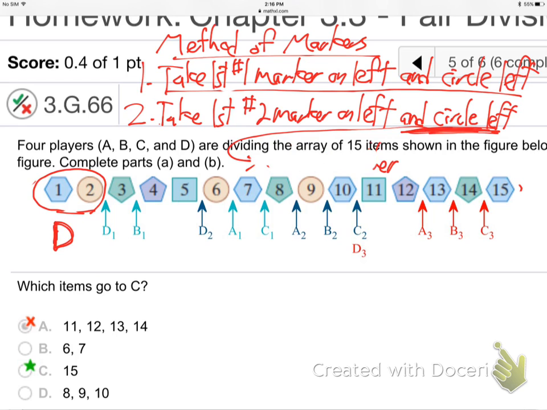I just don't want to write all those words. All right. Circle left to that letter's other marker. So just circle left.